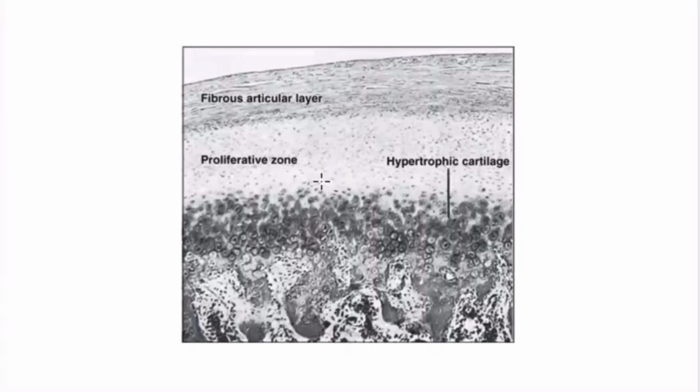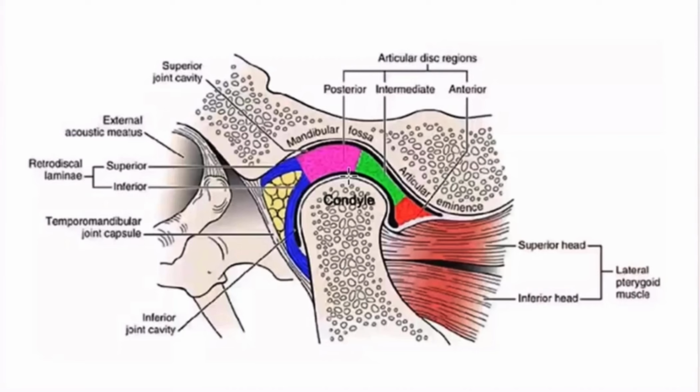The histological division is the core of the disc, which is avascular and fibrous, and the extremities of the disc, which are more fibrous.